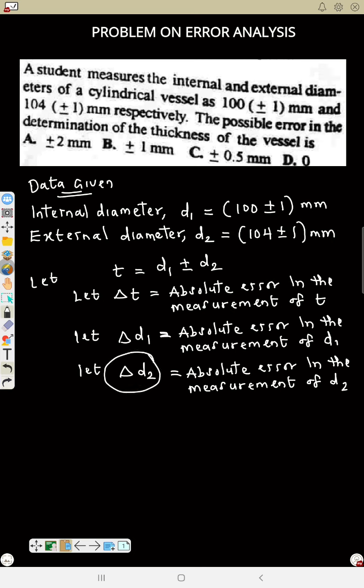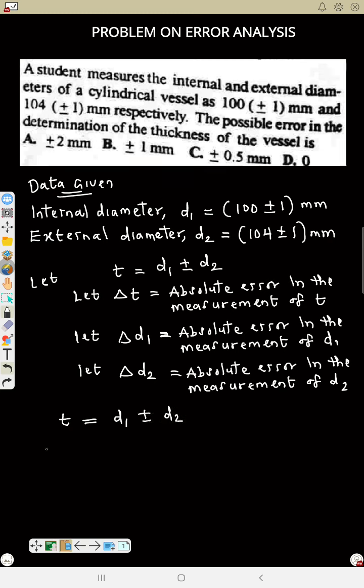Let delta D2 be the absolute error in the measurement of D2, that is external diameter D2, because we represent it like that. Now if we substitute all this in our expression, we have T is equals to D1 plus or minus D2.